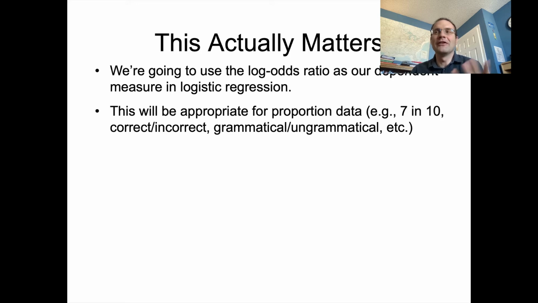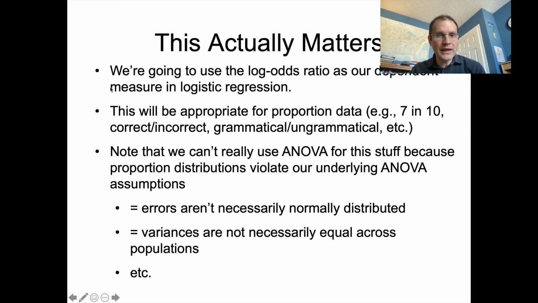You could have numbers like 7 out of 10 in some test. And that would count as proportion data, which we've seen before. We've learned how to analyze it before with chi-square tests or proportion tests. We're going to use logistic regression here because with logistic regression, you can get an analysis of how more than one factor contributes to the proportions that we're seeing.